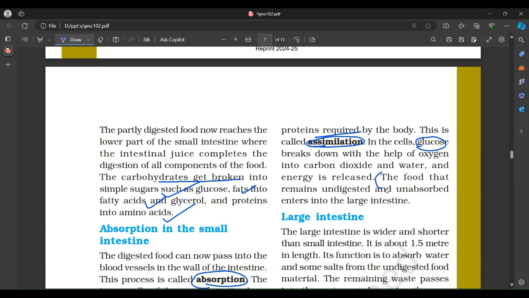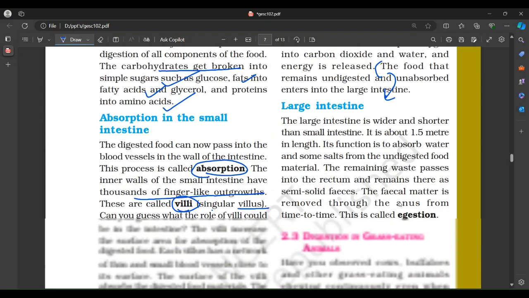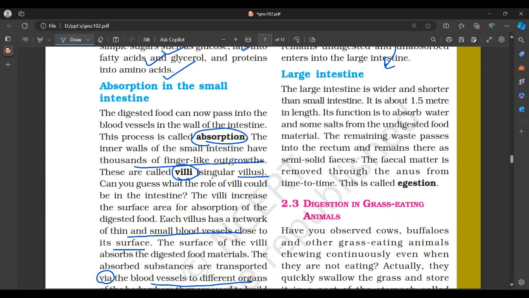So here we start with the next part. The large intestine is wider and shorter. It has the name large, but it is only wider, not longer. That's why it is called the large intestine, but it is shorter than the small intestine. It is only about 1.5 meters, but the small intestine is 7.5 meters in length.